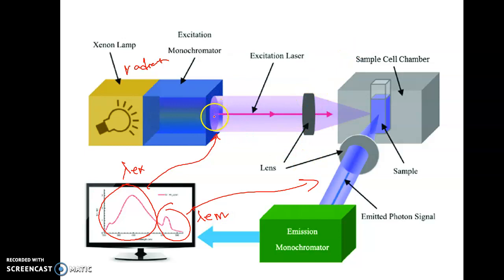Why do you see the monochromator is situated 90 degrees from each other? Why do you think? Okay, because we don't want to get stray light. When you don't put in a 90 degree angle, imagine if you have the emission monochromator here. Whatever has been absorbed, we also have the transmittant, right?